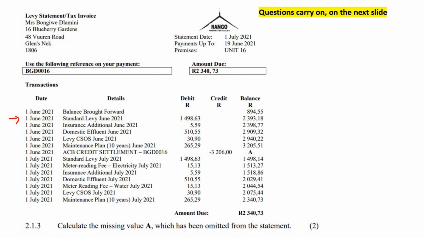Now we go to the next row, which is this one over here, and there's another debit. So now you add this amount to this amount, and it gives you the new amount that we have. Okay, so this tells you how much it is in total. So when we get to this part over here, it's 3,205.51. Then we look at the next line. There is a credit.